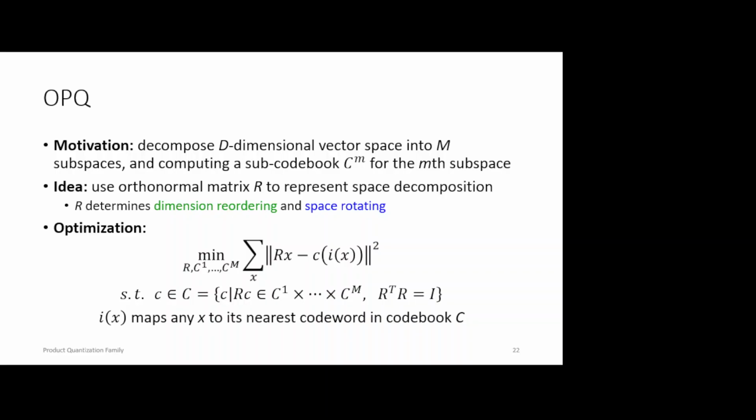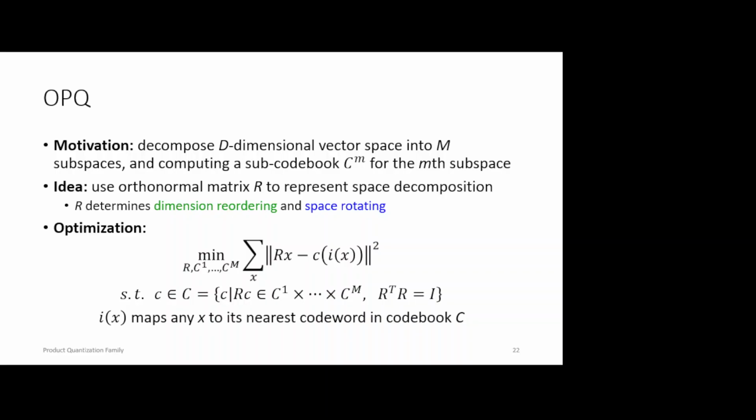Their idea is to use an orthonormal matrix R to represent the space decomposition. Here, R usually determines the dimension reordering and rotation. So its optimization is expressed like this.